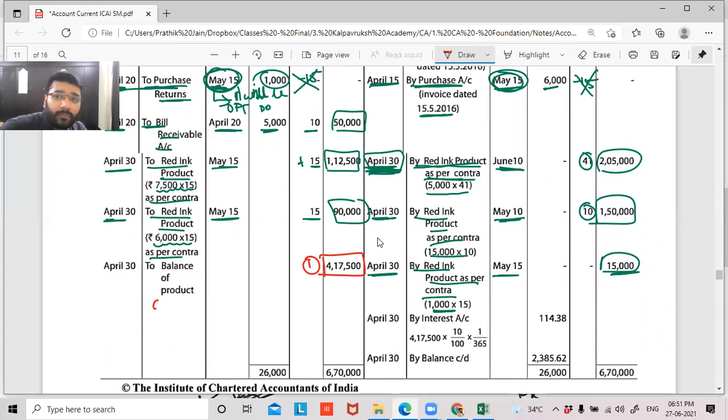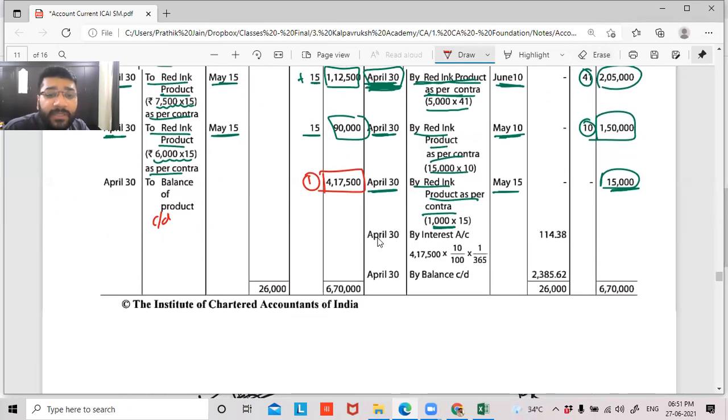Yes, sir. If the product balance is coming on the debit side, can I say this is carried down? Though we are not carrying the product anywhere, it is just for knowledge purposes. So if this is carried down, the brought down product balance will come here, 4,17,500.